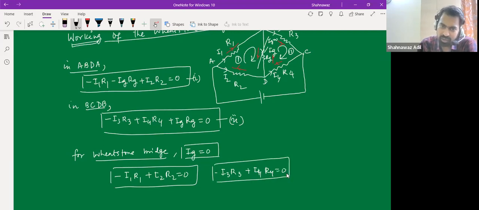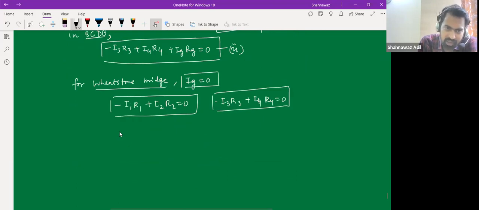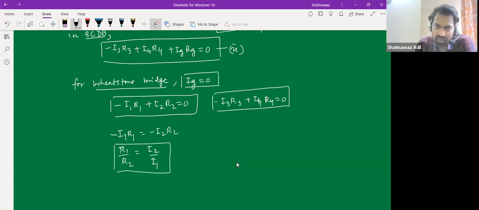Let me write I1 R1 equal to minus I2 R2. So R1 by R2 is equal to I2 by I1. This is the first equation.